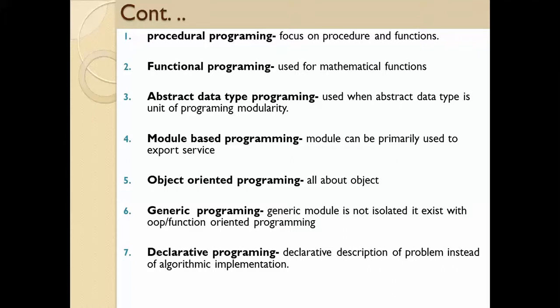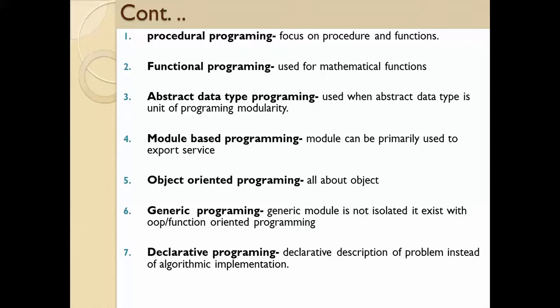And next one is module based programming. Modules can primarily be used to export services, so the main focus is on the module of that particular programming language. And next one, object oriented programming: it is all about the object, which means every task is performed by using objects. Now next one is generic programming.